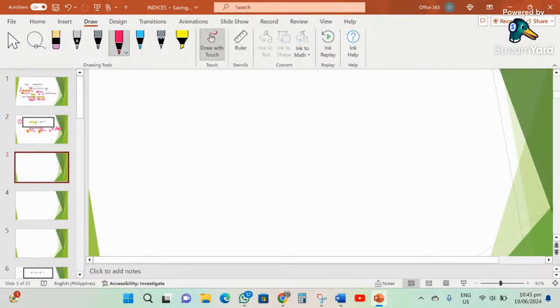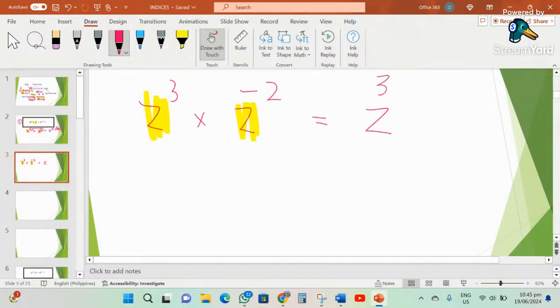If I have z cubed times z to the negative 2, so I am incorporating a negative exponent. Because you have a common base z, you just copy z down here, and you have to add 3 and a negative 2, right?